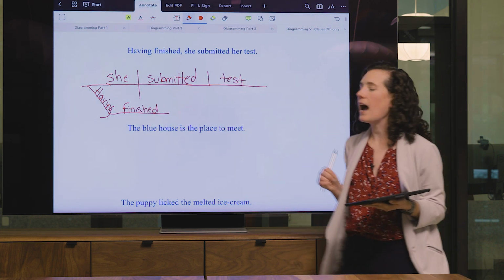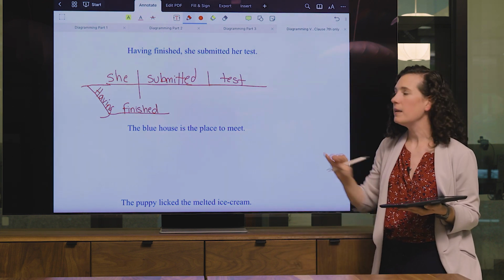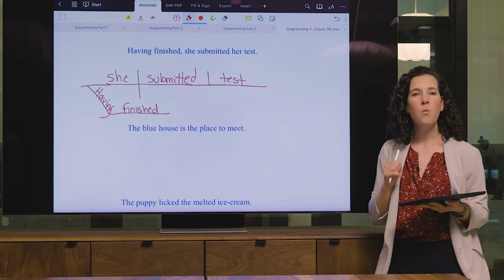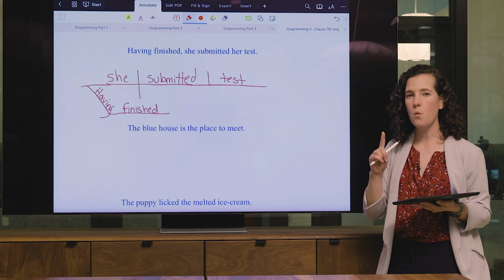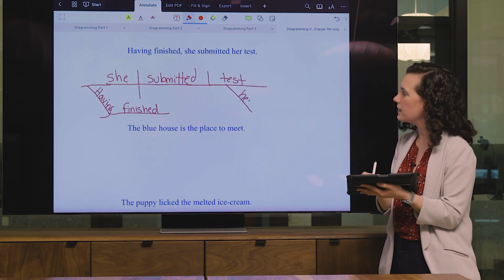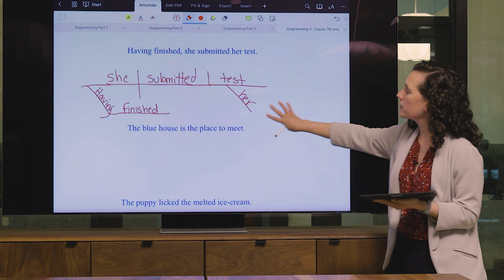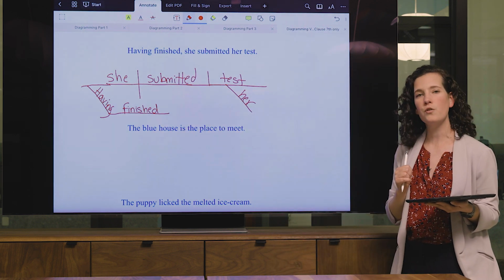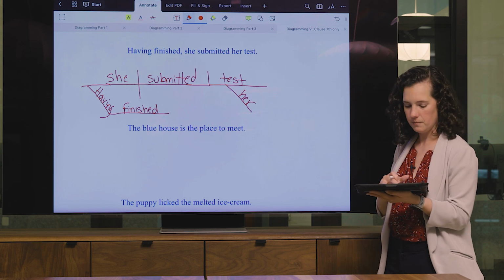If this word have is with your participle, it's going to be 2 words long. We're going to see in just a minute what you do when your participle is only 1 word long. And then we add her under test as an adjective. So our participial phrase, having finished, describes her, so it goes underneath the pronoun she.